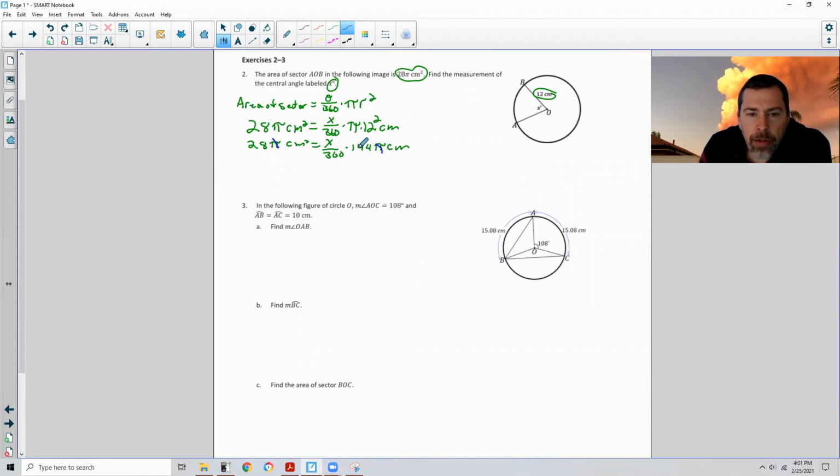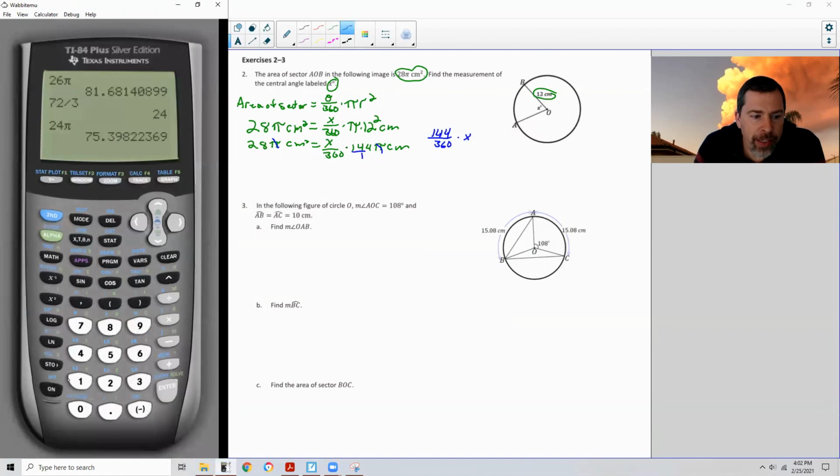And then we can do it a couple of ways here. We could rewrite this as 144 over 360 times x, because if this is over 1, we can just flip the tops and do this, and then multiply by the reciprocal, 360 over 144. Or we can simplify that and say, well, what's 144 divided by 360? And that is 0.4.